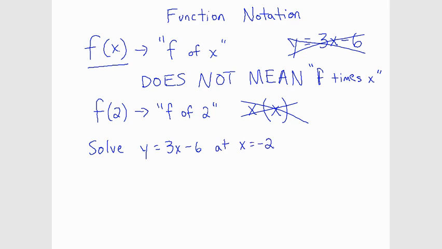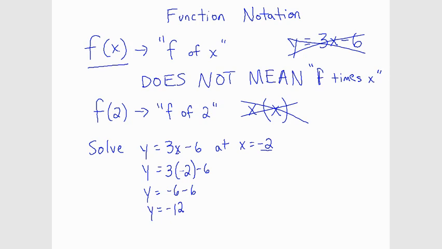Well, this is pretty straightforward. I can substitute x for negative 2, so I get y equals 3 times negative 2 minus 6. 3 times negative 2 is negative 6. And I get negative 6 minus 6. That's the same as negative 6 plus negative 6. So we get y equals negative 12.